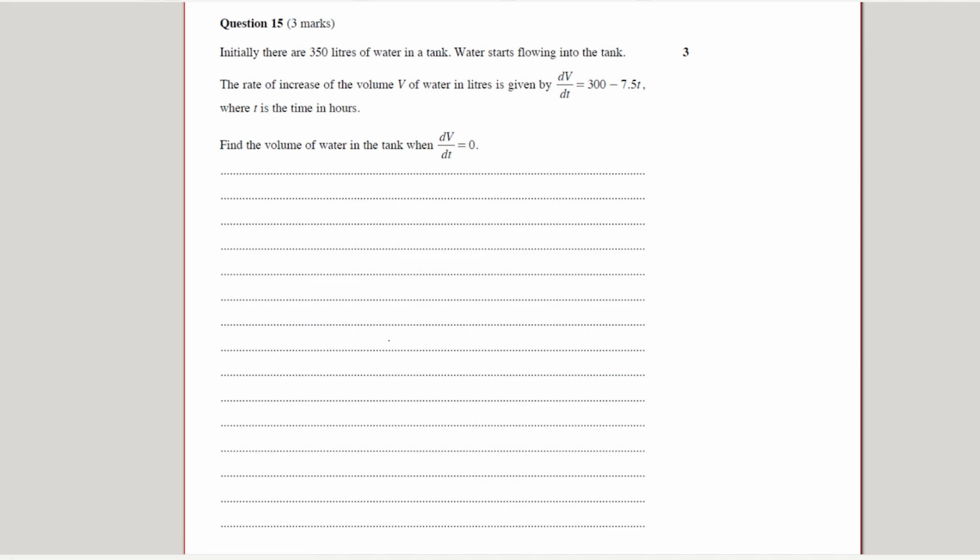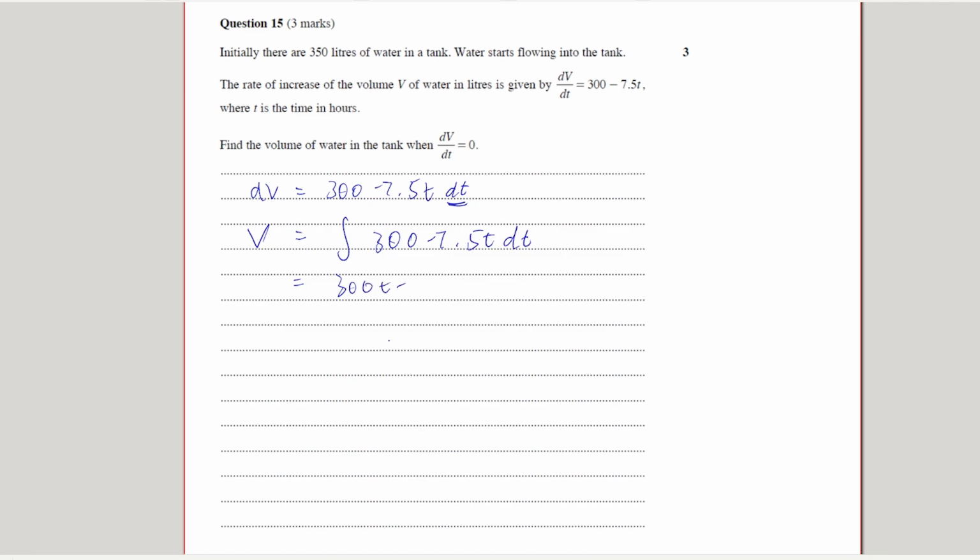So if you rearrange everything, 300 minus 7.5t dt, with respect to time, you're going to integrate. So if you integrate dV, you're just going to get V. So you're going to have to integrate 300 minus 7.5t with respect to time.